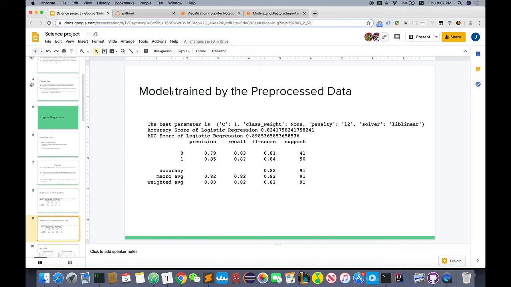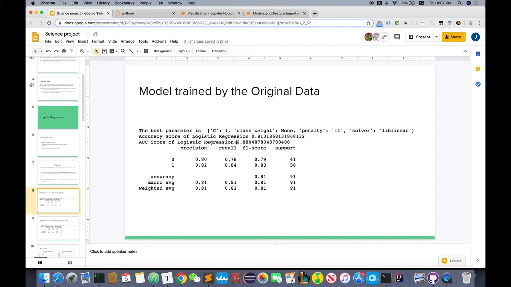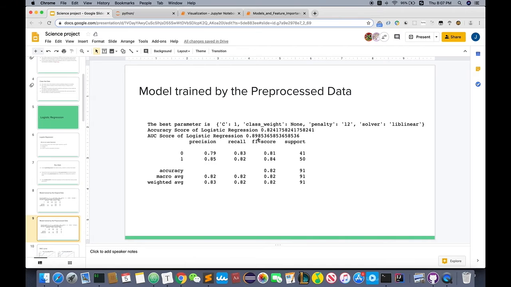Then let's take a look at the model trained by the pre-processed data. We find that the AUC and the accuracy are improved a lot. Before pre-processing, the AUC score is 0.88, but after that the score becomes 0.898.